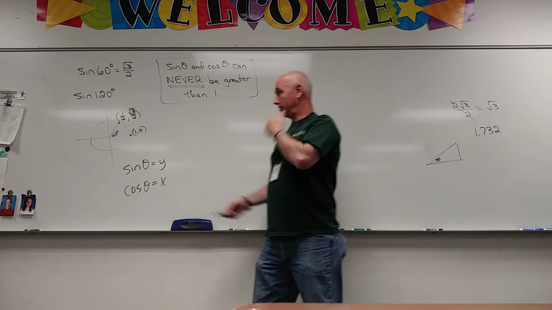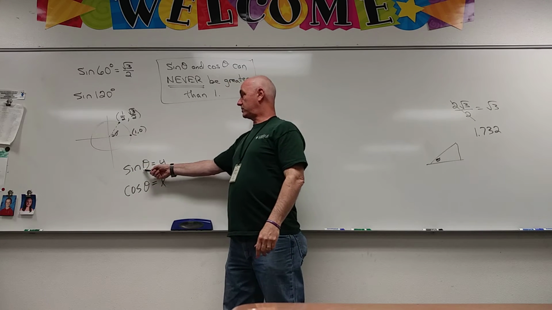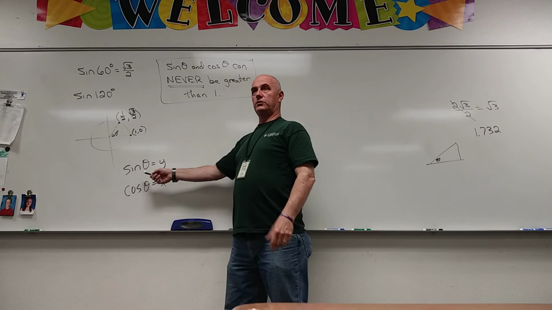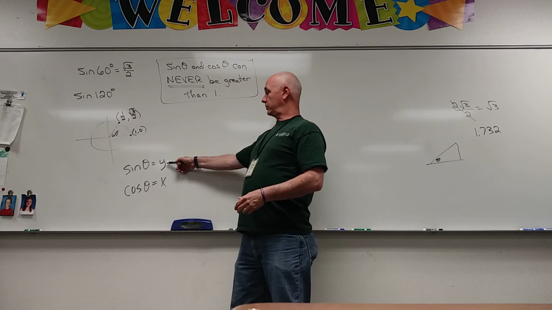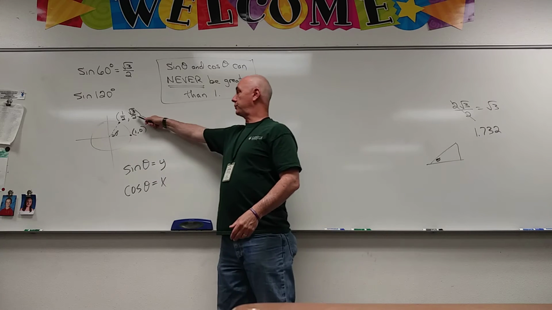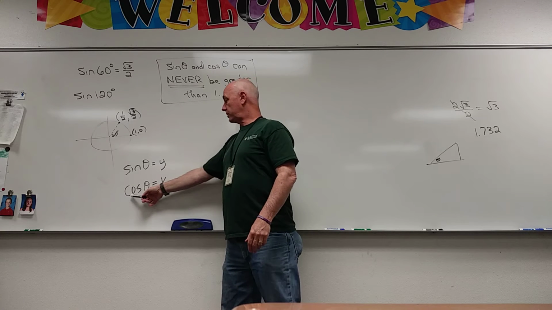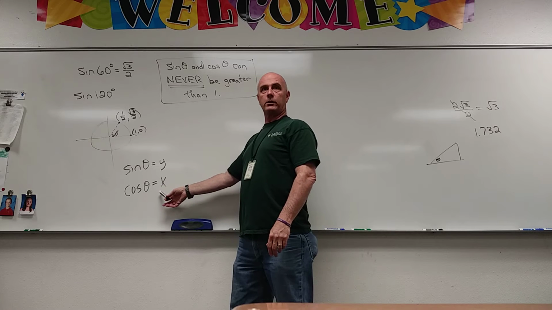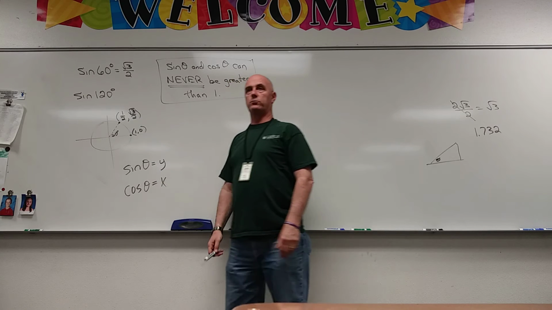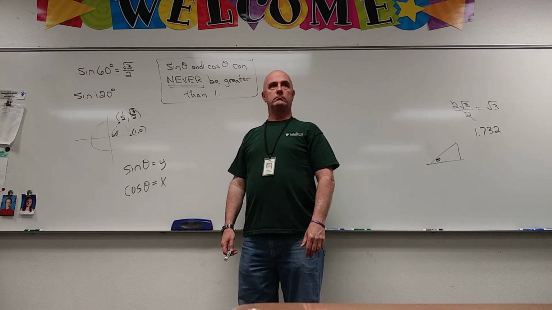Because the sine of 60 degrees is square root of 3 over 2, which therefore means that the y is square root of 3 over 2. The cosine of 60 degrees is 1/2, which therefore means that the x coordinate is 1/2. Does that make sense?